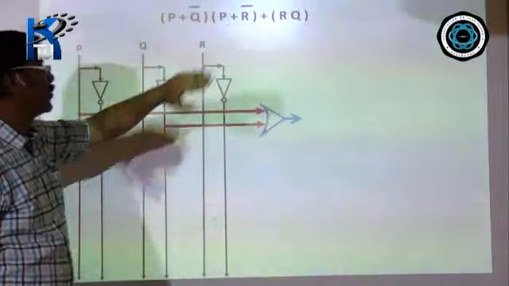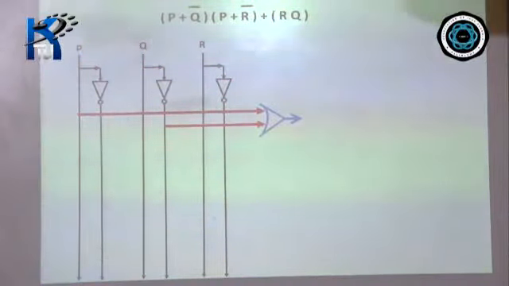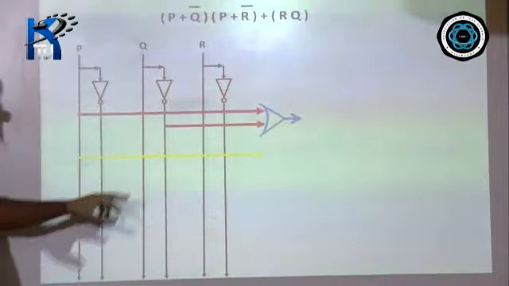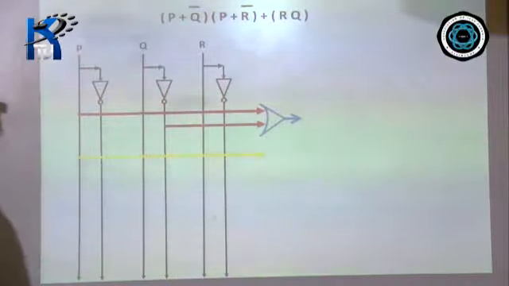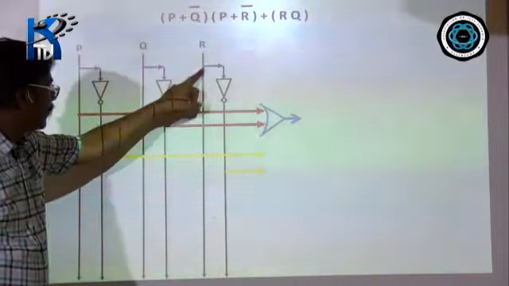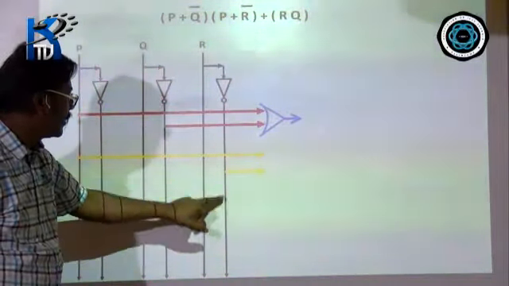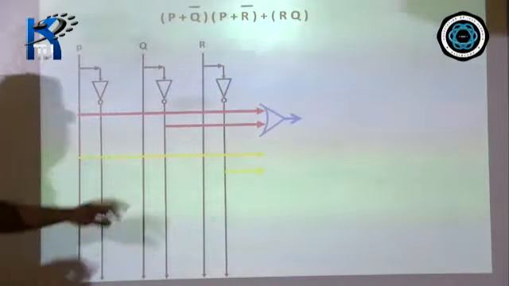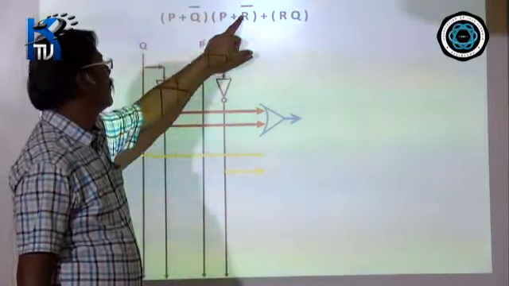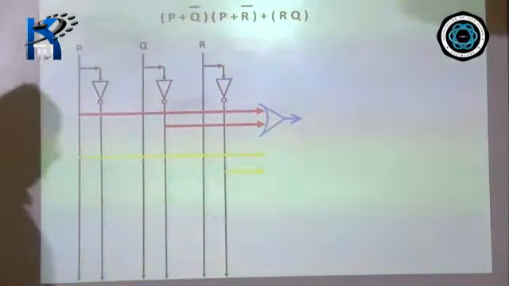Now back to next one, P plus R complement. So we draw a line from P. Remember, this line is P, so I've taken a connection out. Then comes R complement. If this is R complement, so we have taken a line out of R complement. Now between P and R complement we have again got the OR gate.